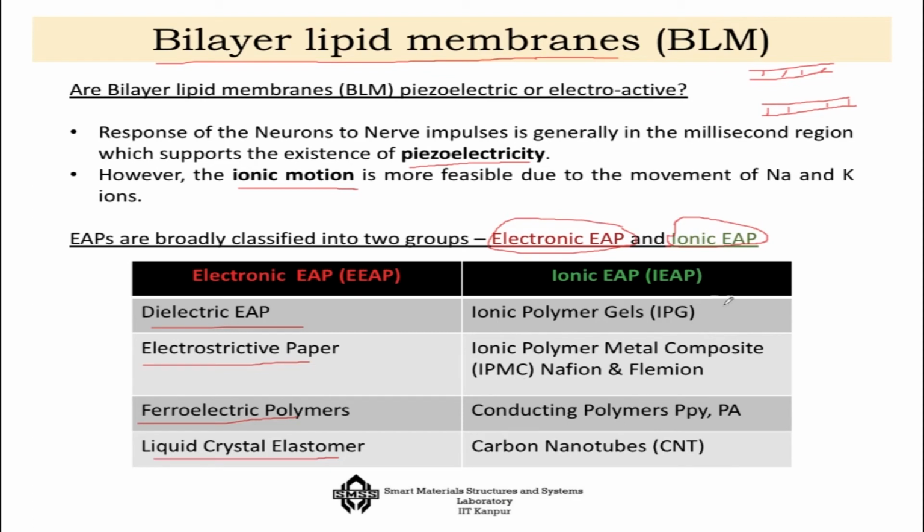On the other hand, ionic EAPs like ionic polymer gels, IPMCs, conductive polymers or CNTs are actually faster.